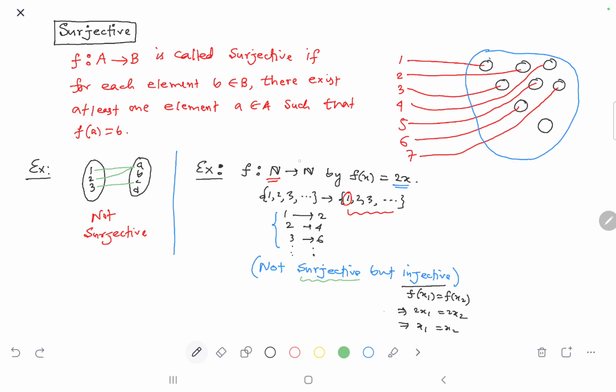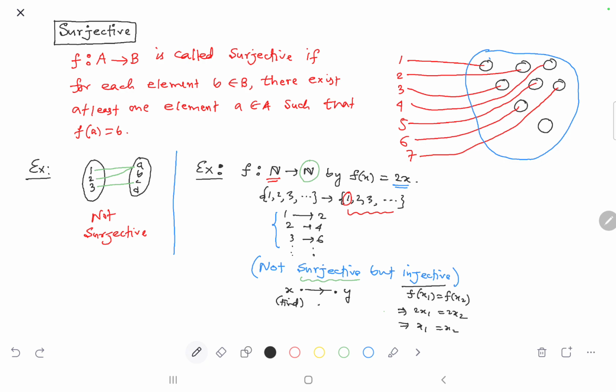You start with any element from here. You take 2x equal to y, then solve for x. What is our target? If we take any element y here, we need to find x such that this x will map to y.